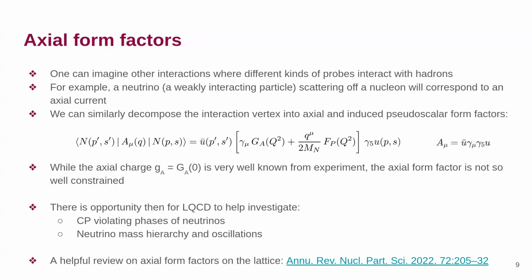And so that's a real opportunity for lattice QCD to have some input, since this is an important quantity for studying things like CP violating phases of neutrinos, neutrino mass hierarchy and oscillations. So these are very important pushes in the community to understand these quantities, and lattice can really help pull down these uncertainties on the axial form factor.